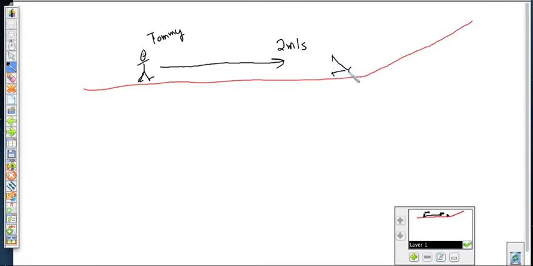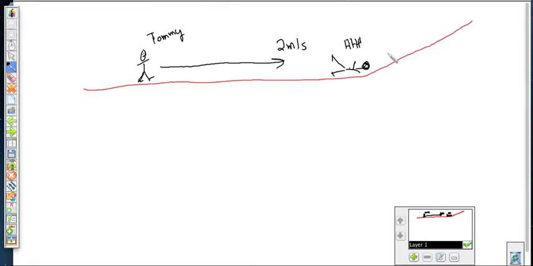Here's his feet. Oh, that's his head. Arms, head, very large neck. All right, so he falls right here at the base of this slope, which is also freshly oiled ice patch.